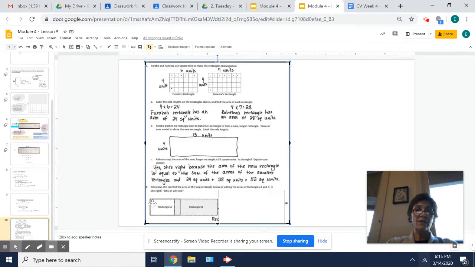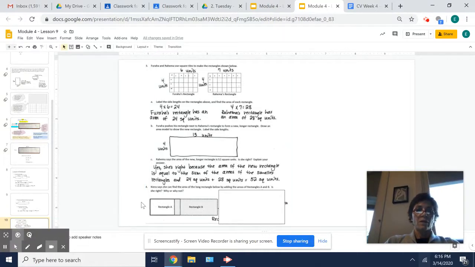Look carefully. This is rectangle A. You see it? And see the dotted line, that is rectangle B, which is in gray.